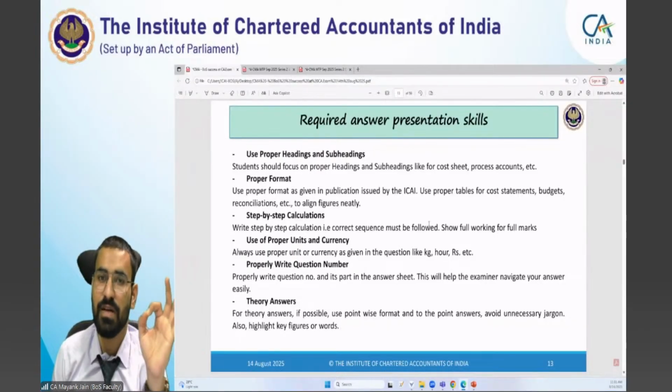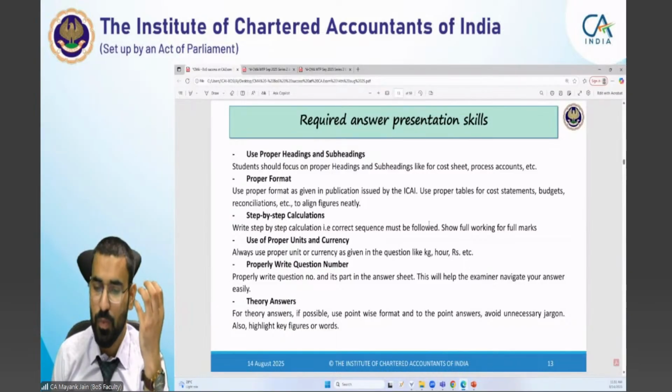It will save your time as well as help the checker catch your point, what you want to say, what is the most important point of the answer. So try to write your answer in a point wise format.